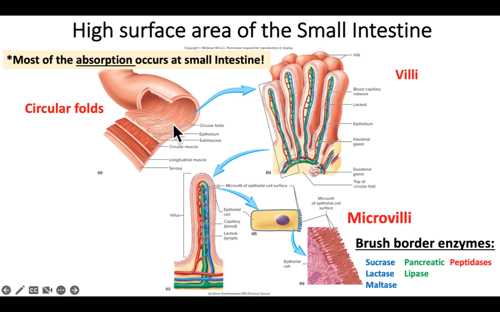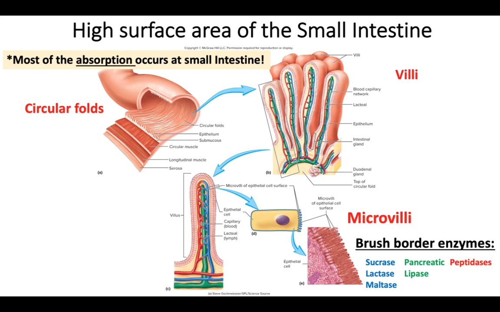Then along that we have smaller folds known as villi, and then along the villi there's actually microvilli, which are microscopic little finger-like projections. So the combination of these 3 largely expand the surface area of the small intestine for absorption.